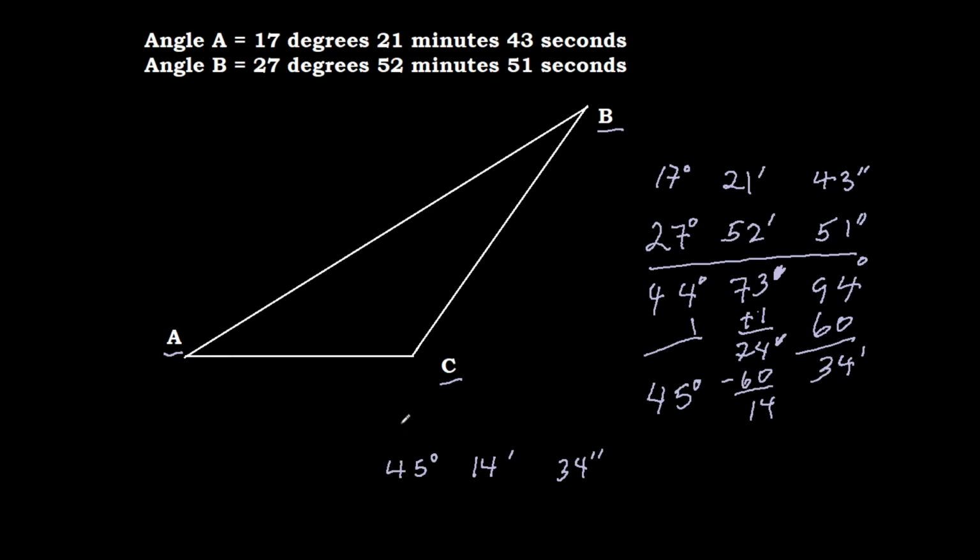The easiest way to do that is to subtract it from 179, 59, and 60. The reason I write it this way is because we're going to borrow 1 degree from the 180, and we're going to borrow 1 minute from the 60 seconds that make a minute.